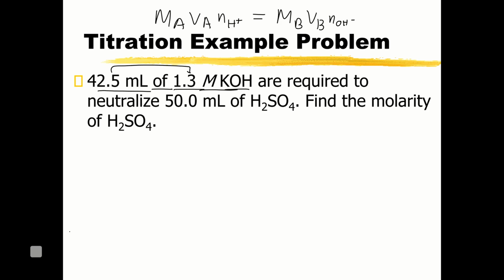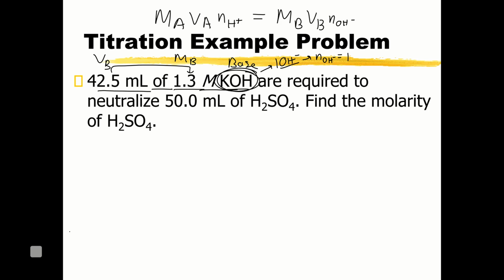So these two things are together. KOH is my base because it's OH minus. So this would be my VB, this would be my MB. KOH only has one OH minus. So therefore, my NOH minus factor will just be 1.